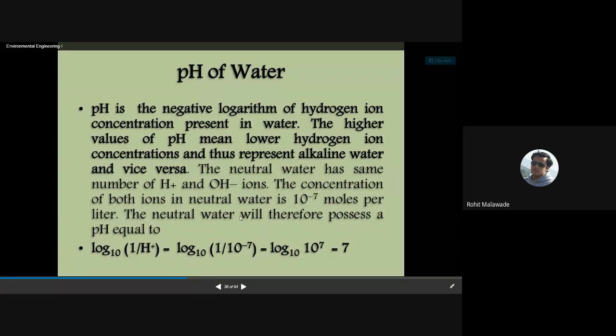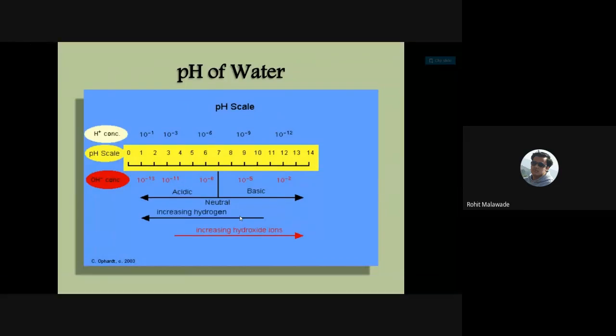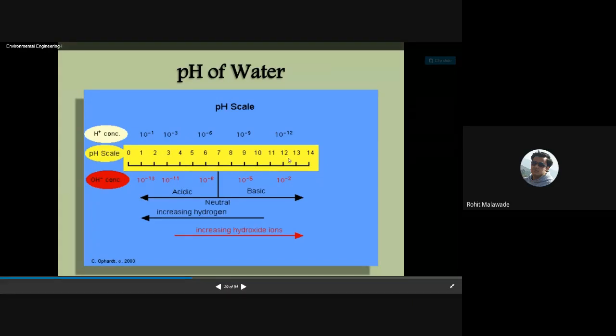Now we will understand what this pH is. This is your pH scale. pH is the negative logarithm of hydrogen ion concentration.